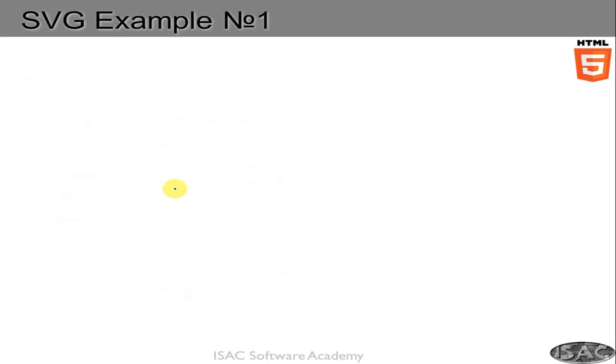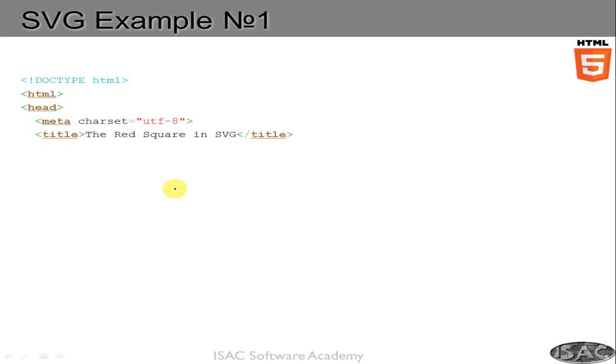So let us see the first example. What we are going to do is create some simple 2D graphic image using SVG. So we will start with doctype HTML because that is the declaration of HTML5. Start the HTML tag, head. Meta charset you can put, you can remove it, otherwise that is the default.